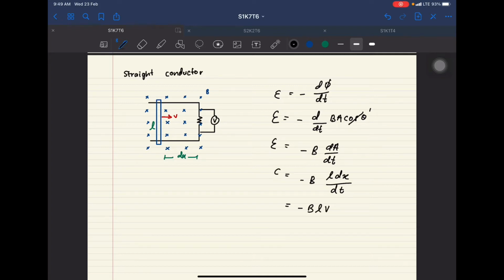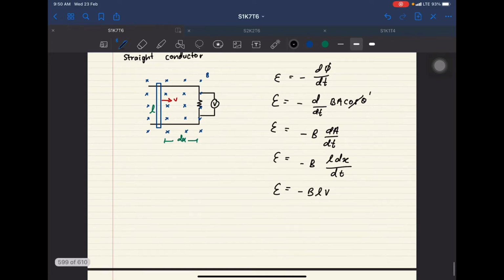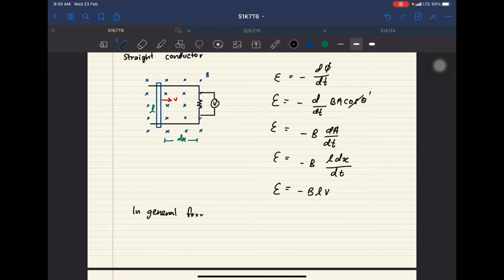Okay, so this is the equation, and in the final general form, you can write down epsilon equals negative BLV sine theta.